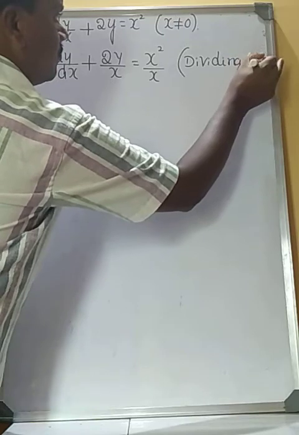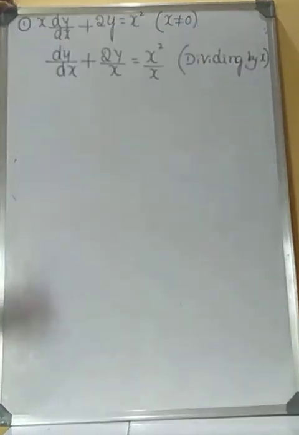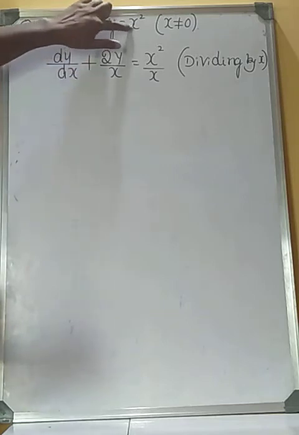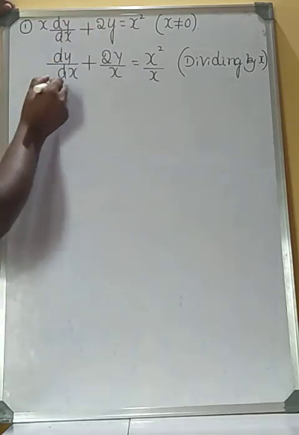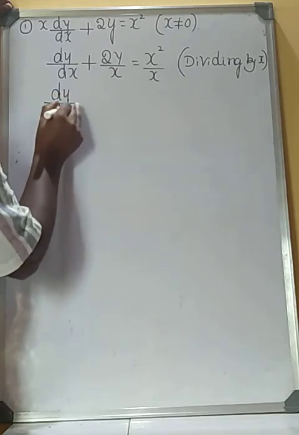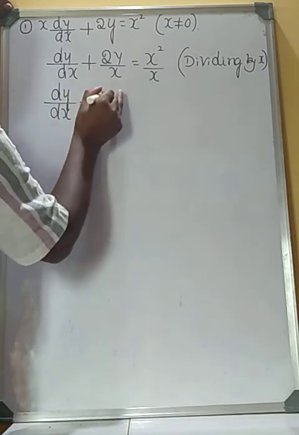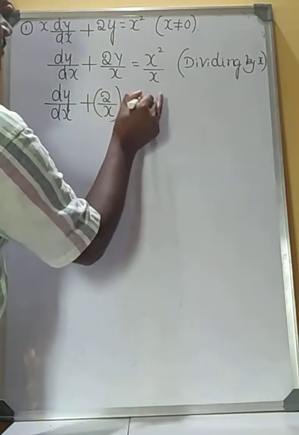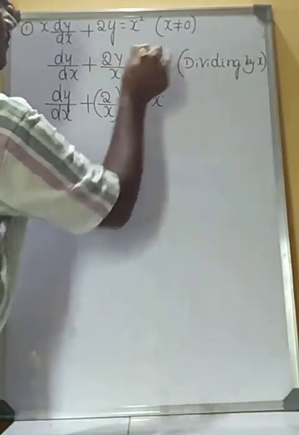The x cancels, so dy by dx plus 2 by x into y is equal to x.